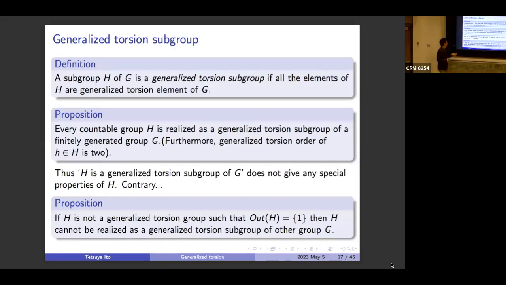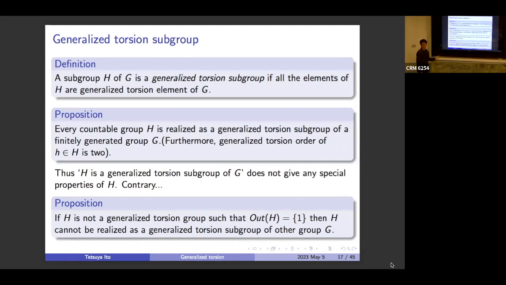In contrast, if we assume that H is a normal generalized torsion subgroup, then the situation is different. Here is one example. If H is a group whose outer automorphism group is trivial, namely every automorphism is inner, then H cannot be realized as a normal generalized torsion subgroup.